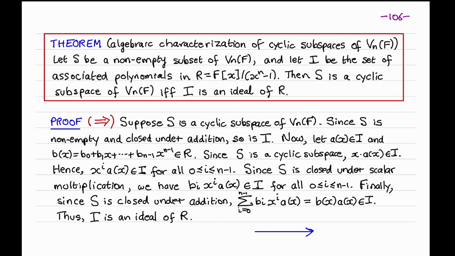So when you add the vectors corresponding to these polynomials together, the result is in S. And this means that when you add these polynomials together, their sum is in I. And now you see that the sum is precisely the product of B of x and A of x. So this shows that I is closed under multiplication by elements in R. And hence, I is an ideal of R.